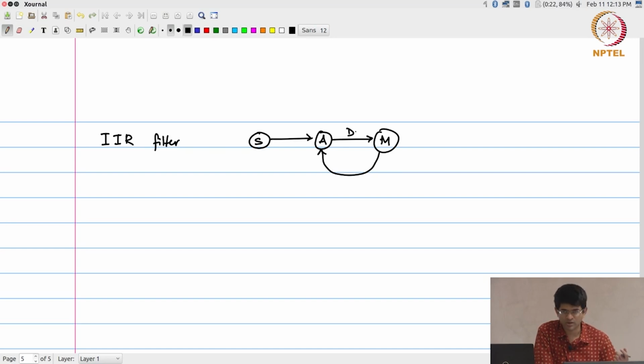Let us go through the same process. So at t equal to 0, S fires n times. So I have S0, S1 up to Sn minus 1. What does the graph look like as a result?